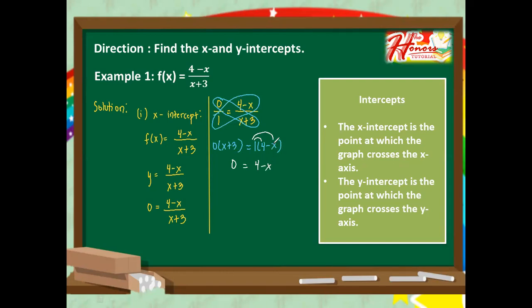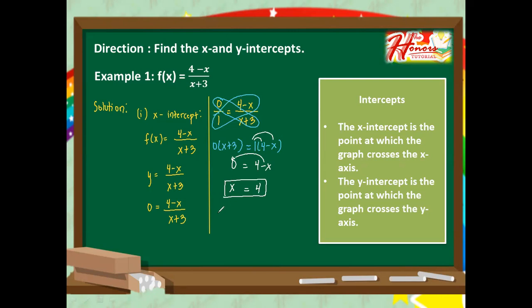After that, we have to reach our goal, which is to get the x-intercept. So we have to place negative x at the left side of the equation. We have to transpose it. When we transpose it, the sign will become positive. So we have here x equals 4. So this is x equals 4 for the x-intercept.